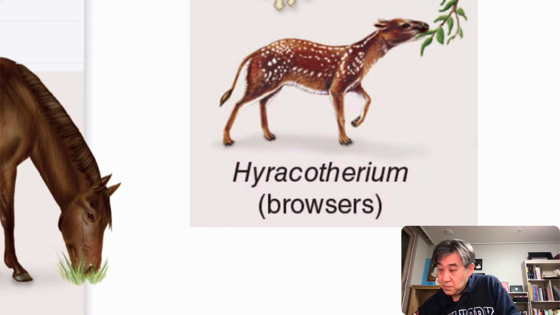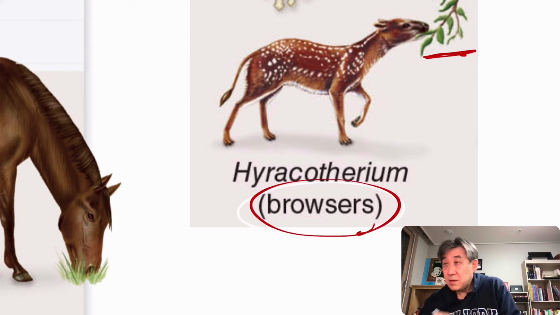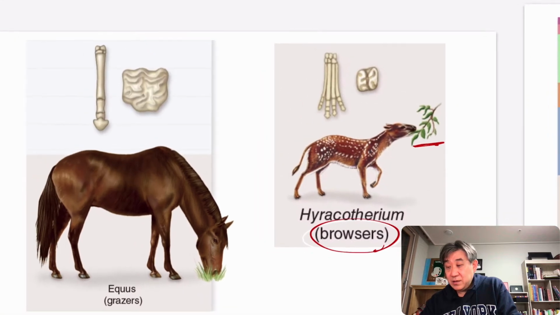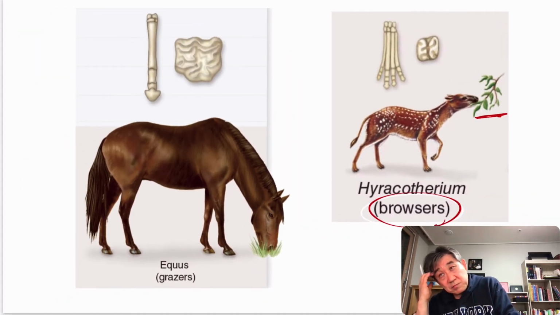So they were browsers, eating soft, fleshy leaves, and the small body size might have been beneficial to hide better from any potential predators.